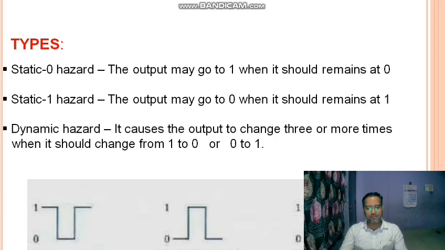In the static 1 hazard, a 1 transition is going along, suddenly it changes from 1 to 0. This is a single transition. That means the 1 is changed to 0. That is a static 1 hazard. This hazard is created in the 1 transition, so it is called a static 1 hazard.